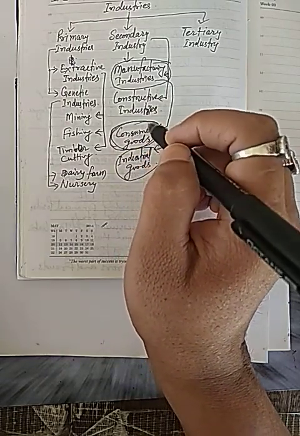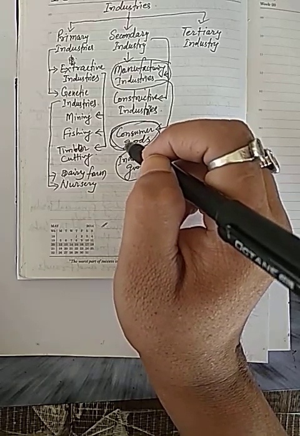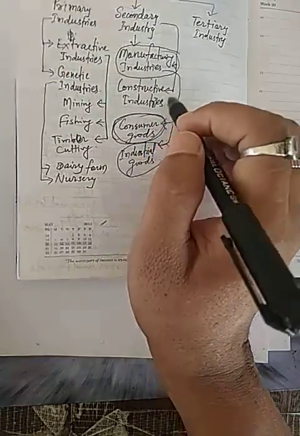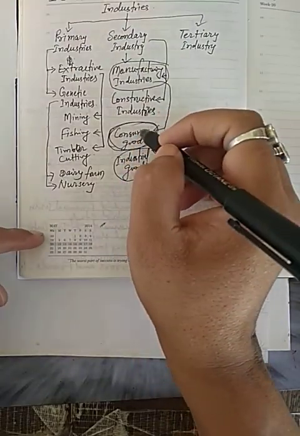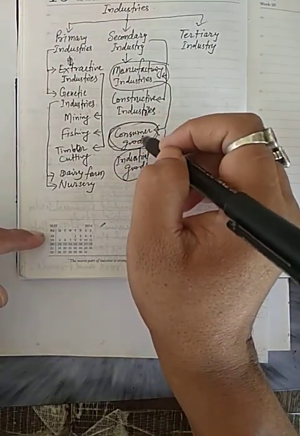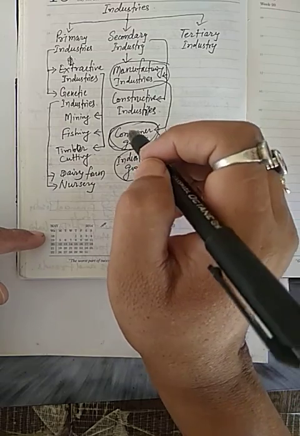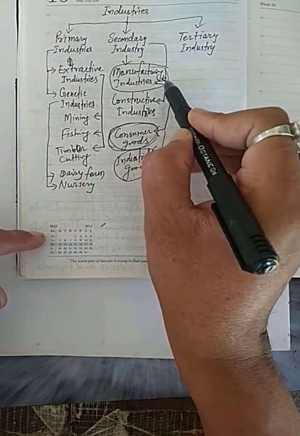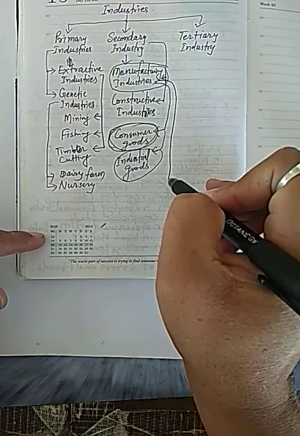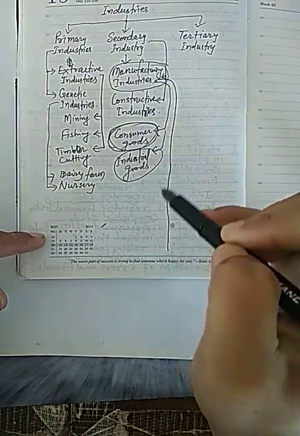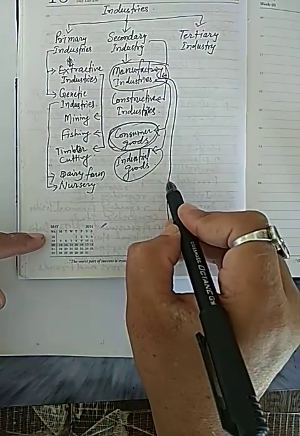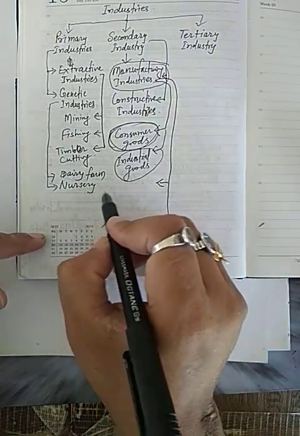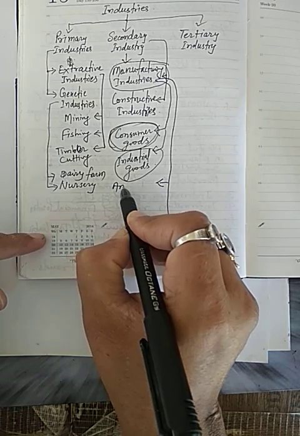Manufacturing industries are of four types. This is the example of consumer goods and industrial goods, but manufacturing industry has four types. First, analytical industries.